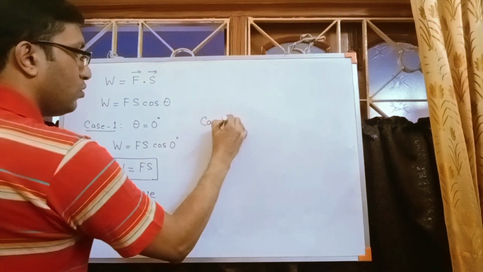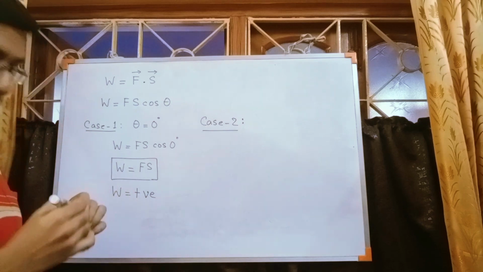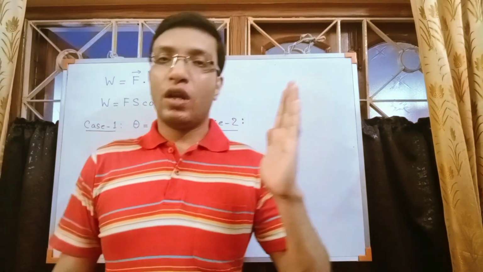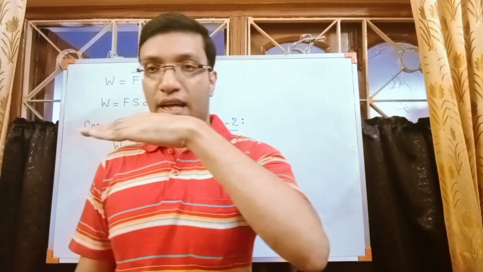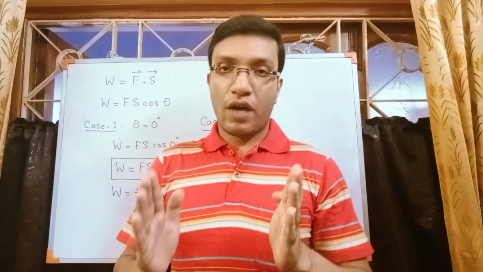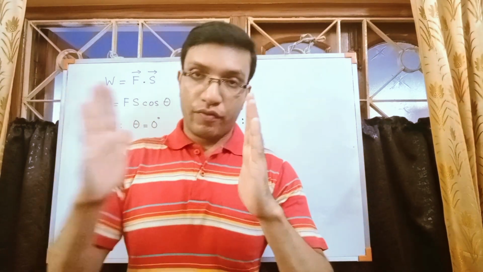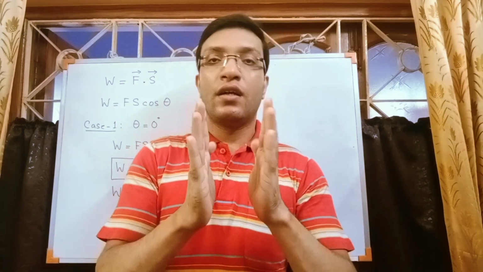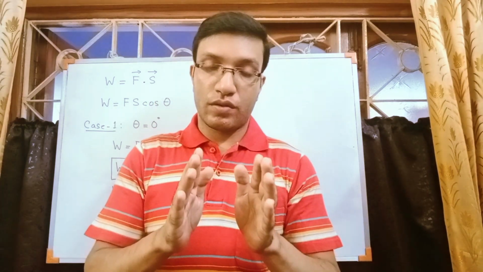Now we are moving on to case 2. Suppose a ball is rolling in this direction, that means the ball is getting displaced in this direction and we want to stop the ball. So what we have to do? We have to apply a force in the opposite direction so that gradually the speed of the ball decreases and finally it stops, right?